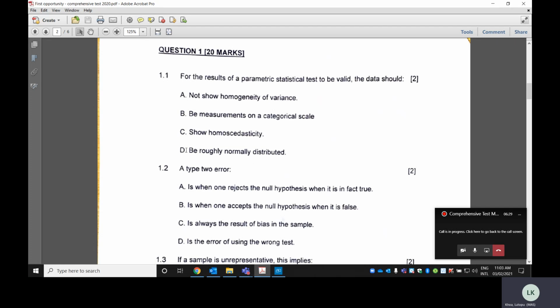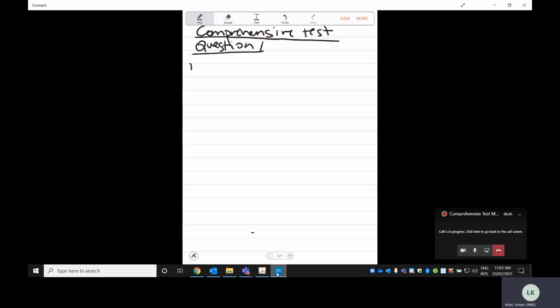So all this time we have been talking about your data must be normally distributed. So when you see things that are odd, you've never seen them before, go with what you know. The correct answer is D. So 1.1, the answer is D.